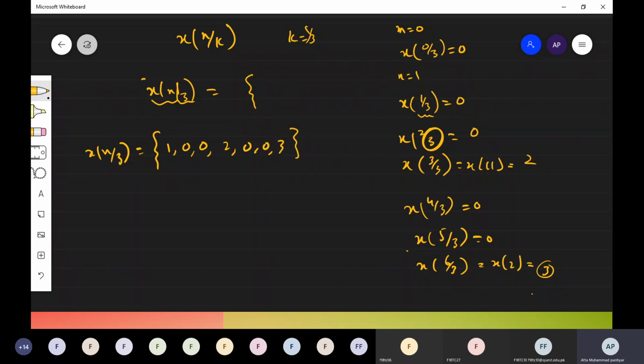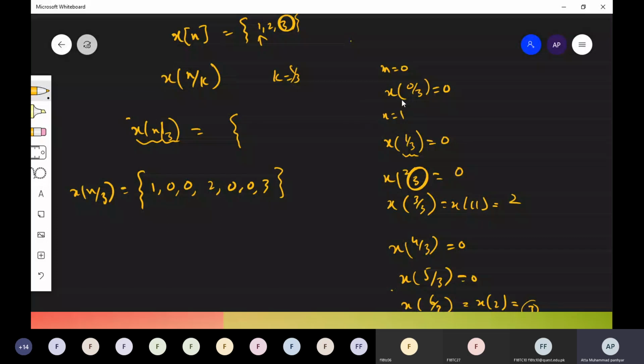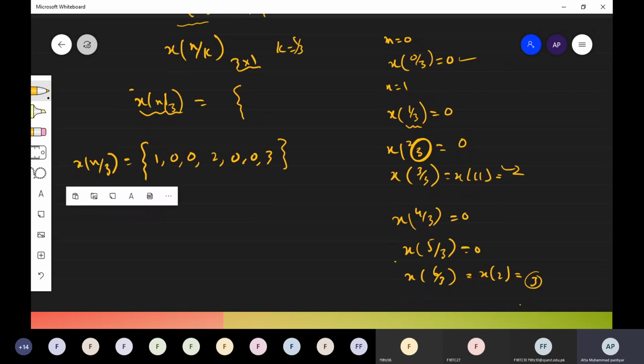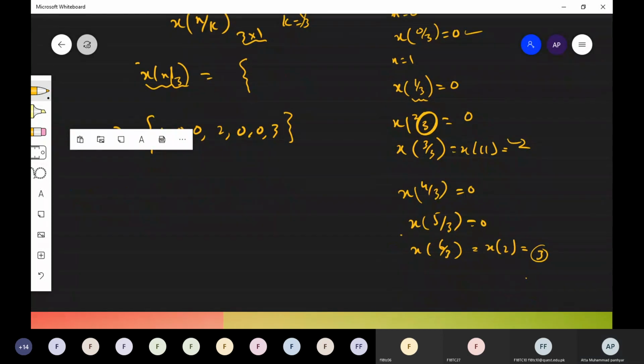Now you can see that this signal is obtained when n is multiplied with the constant k. For example, when k is 3 and n is 1, what we get is 3 times 1. So what does this signal do in the frequency domain?